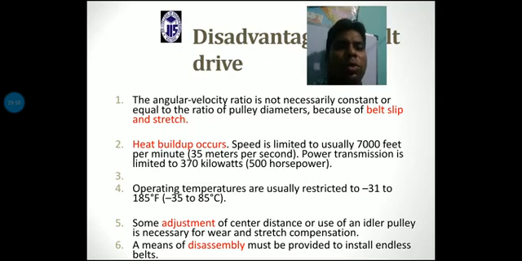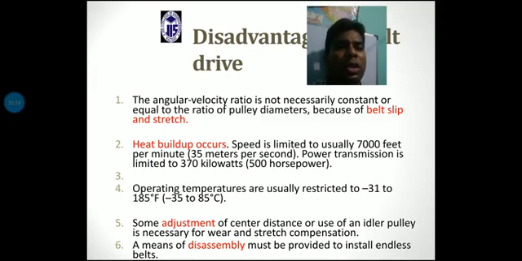Now the last point is a means of disassembly must be provided to install endless belts. That means we can easily assemble or disassemble the belt system if we install an endless belt in each portion of it.